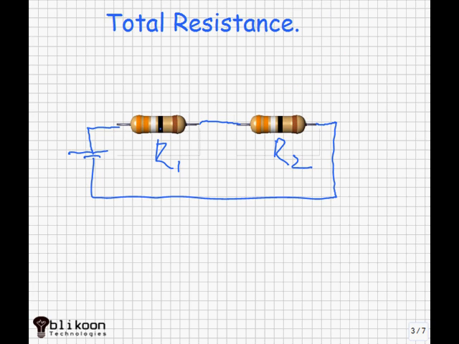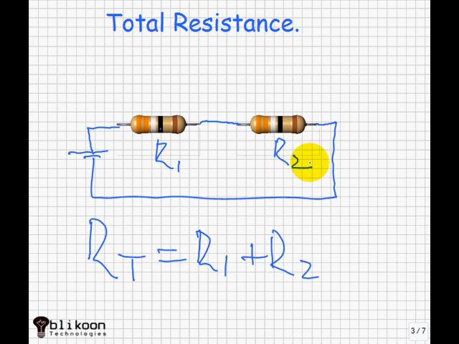Now that we've got our resistors connected in series, you might need to know the combined resistance value of the circuit. This is a piece of cake. To have the total resistance, you simply add together the respective resistance values you have in the circuit. So for our circuit here, we might have R1 plus R2 as our total resistance. This formula works no matter how many resistors you've got in the circuit.